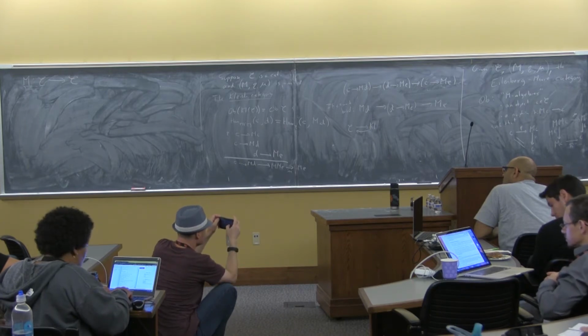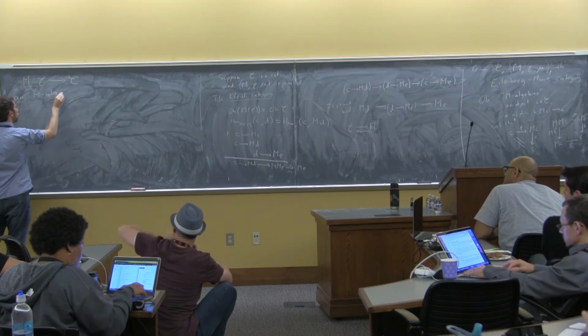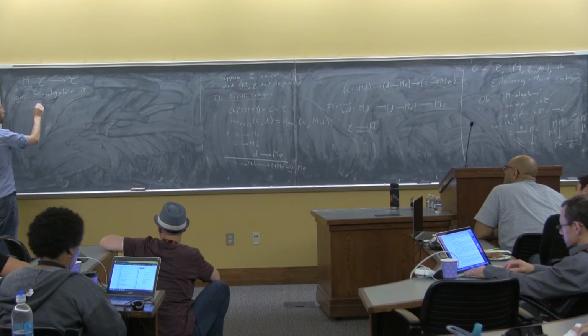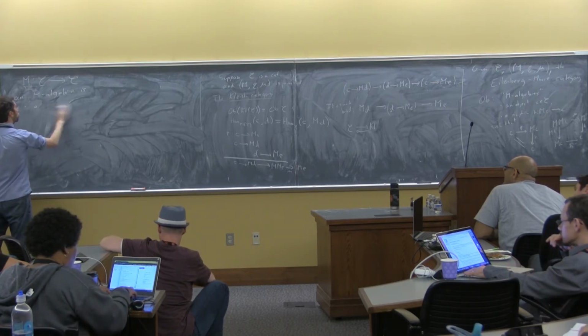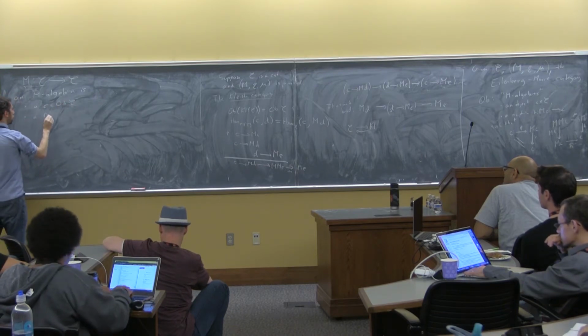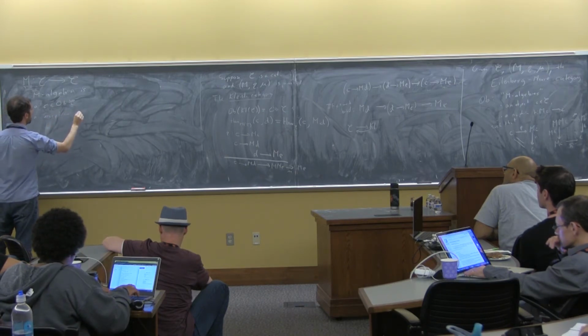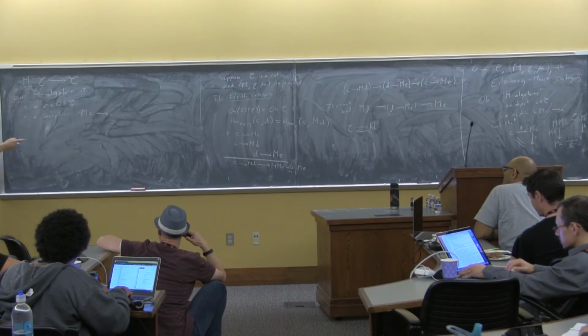So that's called an endofunctor, and you can talk about algebras. An M algebra is a choice of an object C, and a morphism in C from MC to C. And it's not quite the same as the other one because that one required more things.